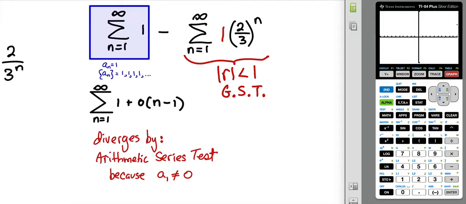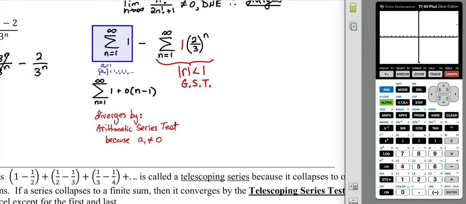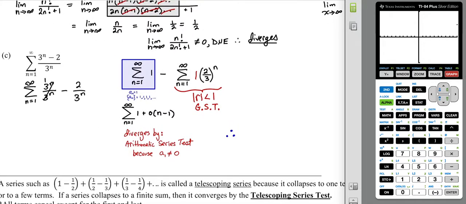All right. So if one part of this diverges, then the whole thing diverges. So therefore, the sum from n equals 1 to infinity of (3 to the nth minus 2) over 3 to the nth diverges.